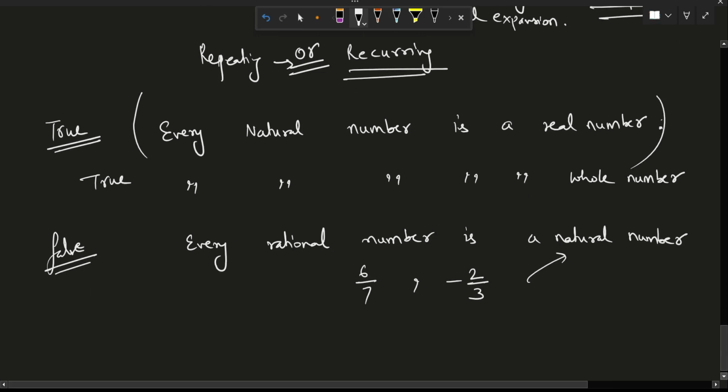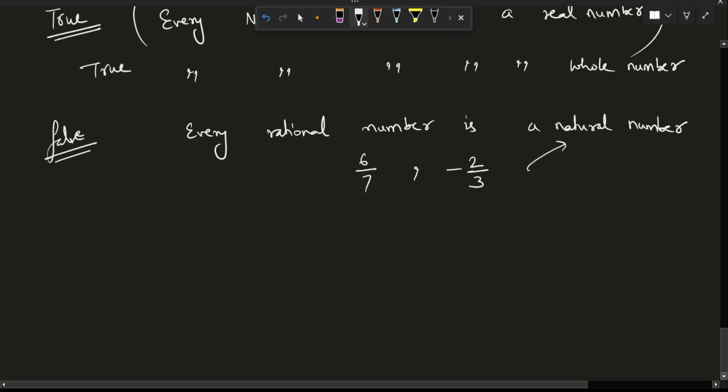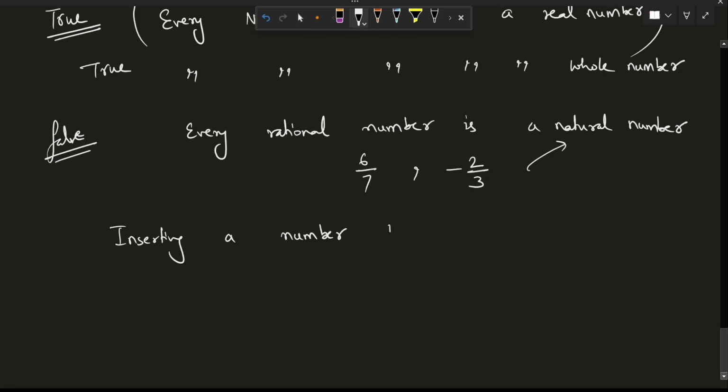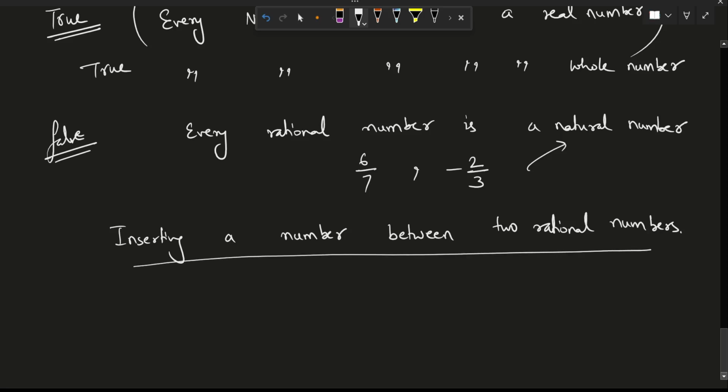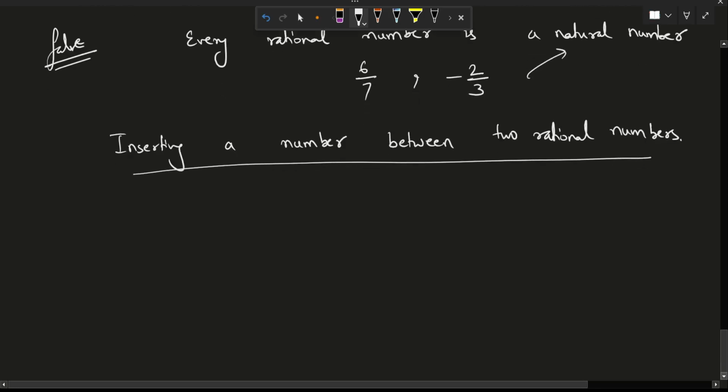Now let's move to another thing, which is inserting a number between rational numbers. You have done it in your 8th grade, and in your 7th grade also, if I remember.